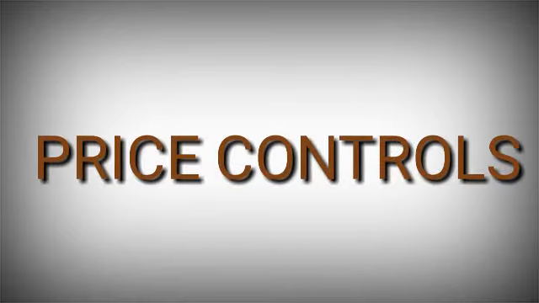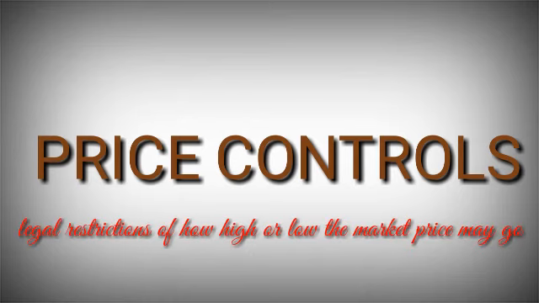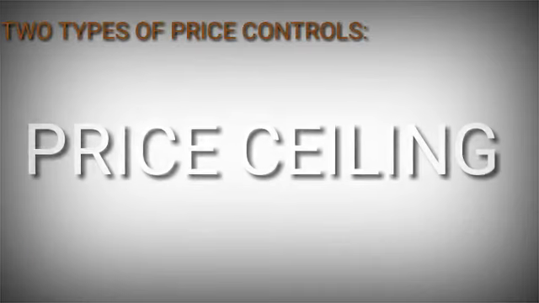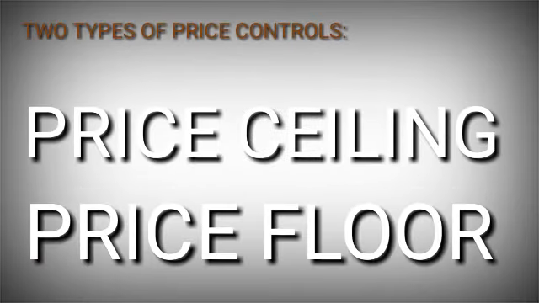Hence, the government creates price controls. These are legal restrictions of how high or low a market price may go. The two types of it are price ceiling and price floor.